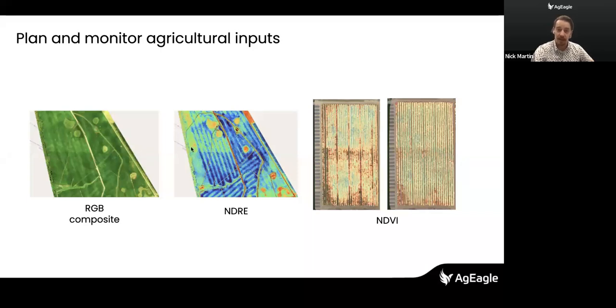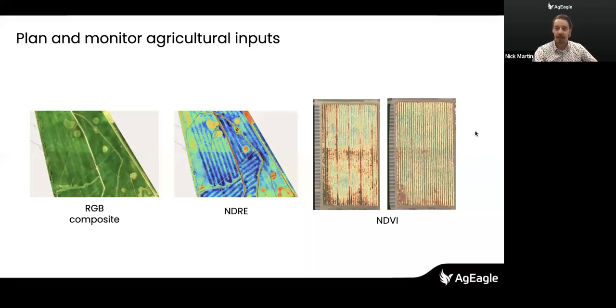You can see actually on the left here that this spray partner didn't spray this part of the field. He might have run out of juice, and instead of going back and refilling the tank, he just decided to go home. The farmer would never know that unless an NDRE map was produced here. So it actually helps a little bit with accountability, making sure that you're getting your money's worth from your spray partners.